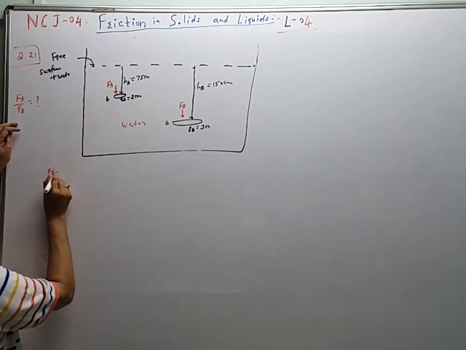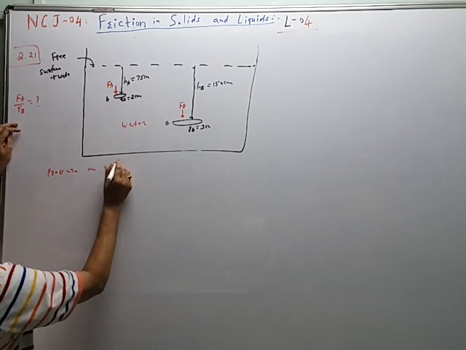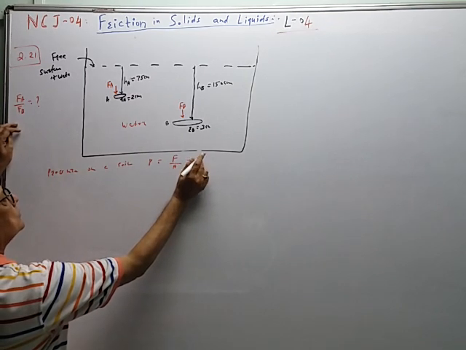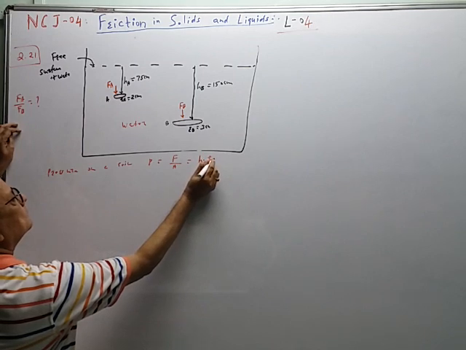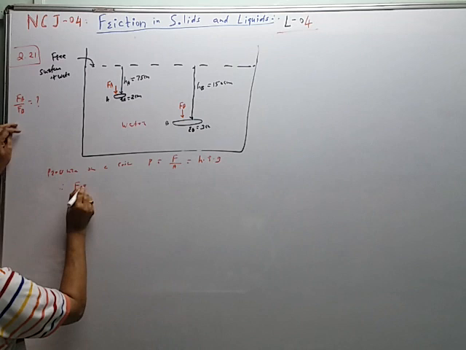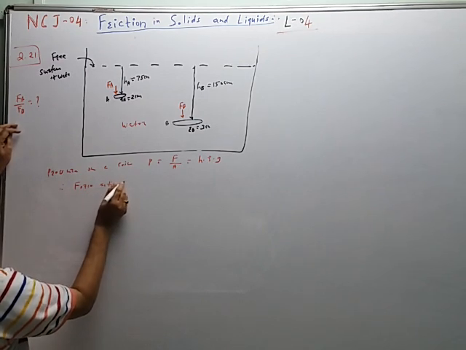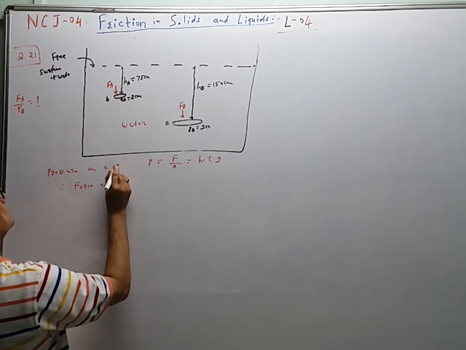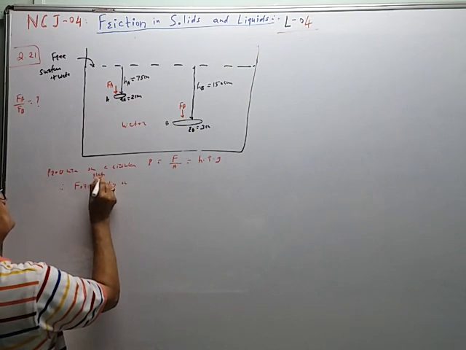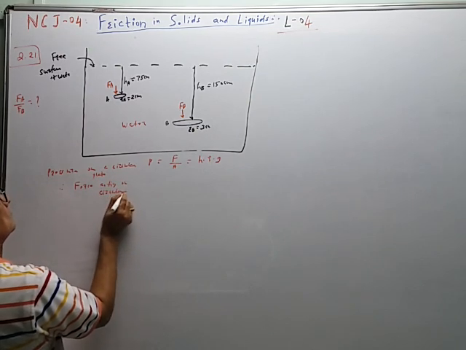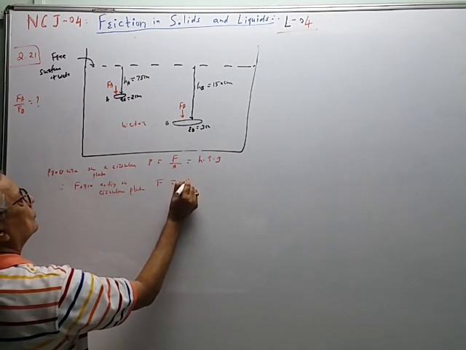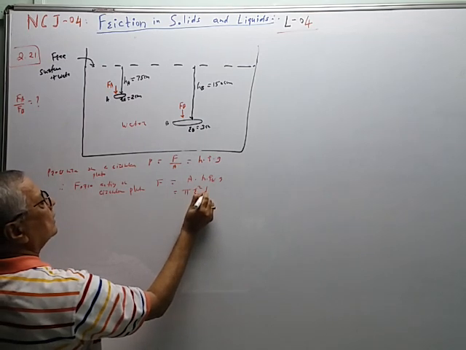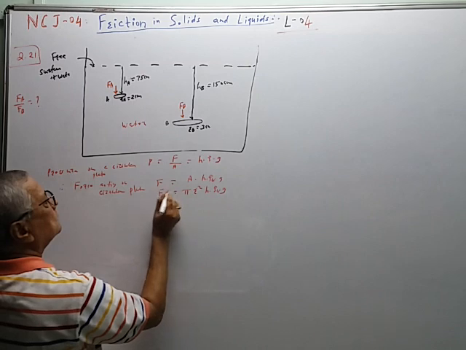So pressure on a coin P is equal to F upon A is equal to H rho G. Therefore, force acting on a circular metal plate is F is equal to A multiplied by H multiplied by rho into G. So area is equal to pi R square, times H rho G. So this is the formula.